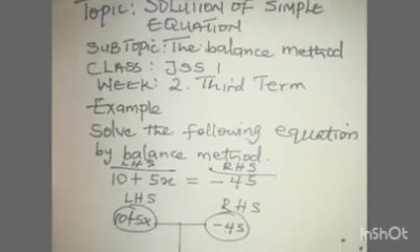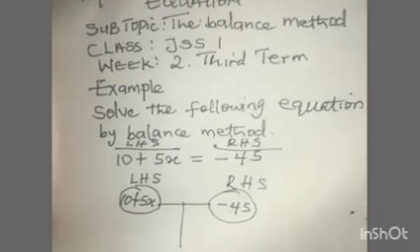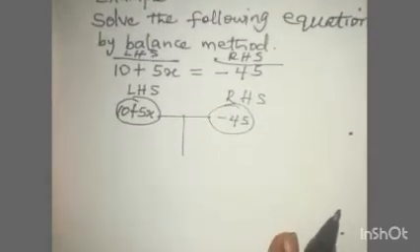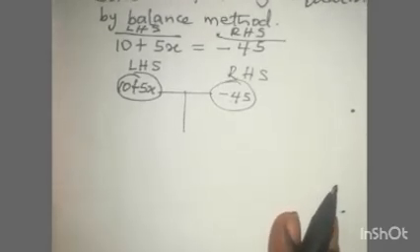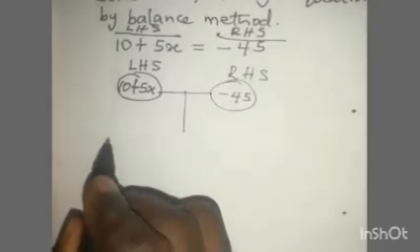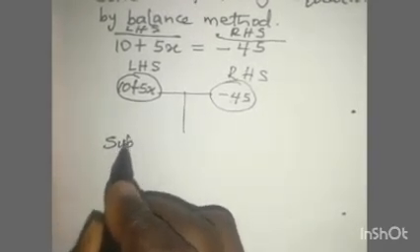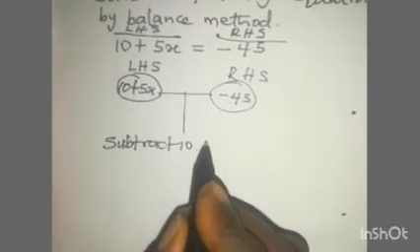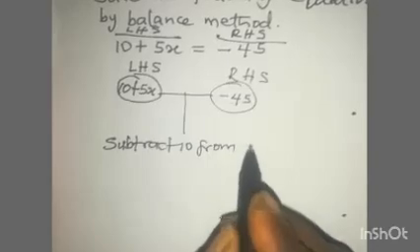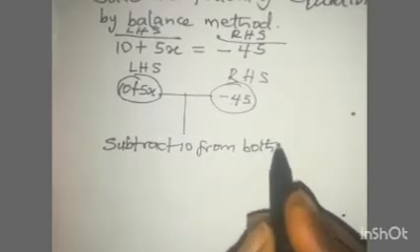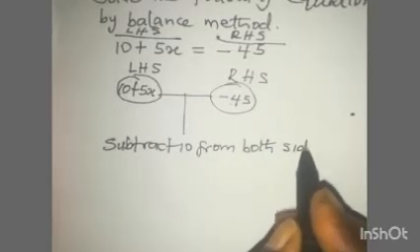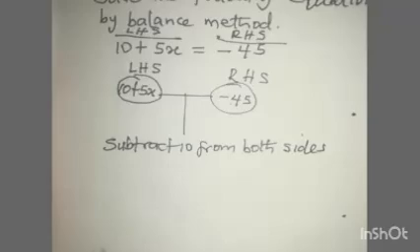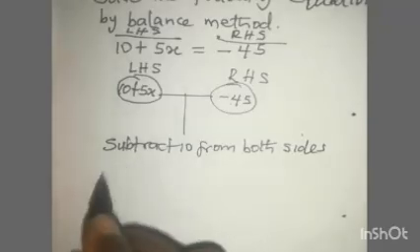So let's do that right away. Subtract 10 from both sides. Right? Subtract 10 from both sides of the equation. Alright, we draw our balance again.